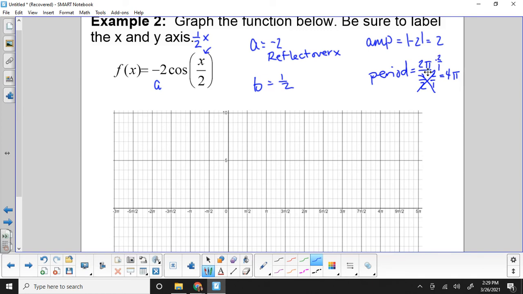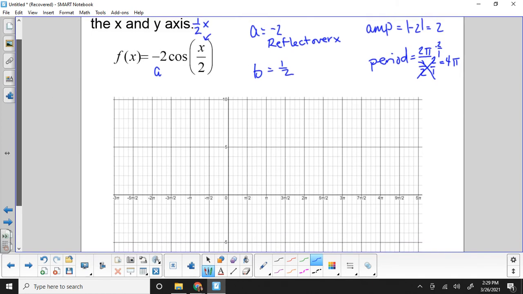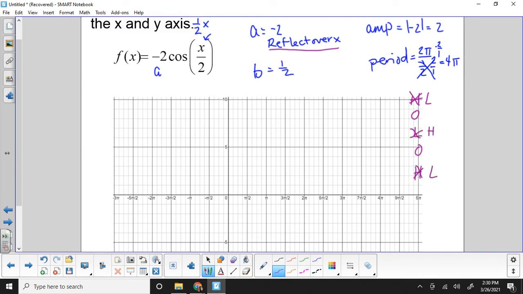Now that I have my amplitude and my period of this graph, I'm ready to graph it. I'm going to use our acronym shortcut for cosine to organize my work. That's high, 0, low, 0, high. Now, because it is reflected over the x-axis, I know that my high point becomes my low point, and my low point becomes my high point.